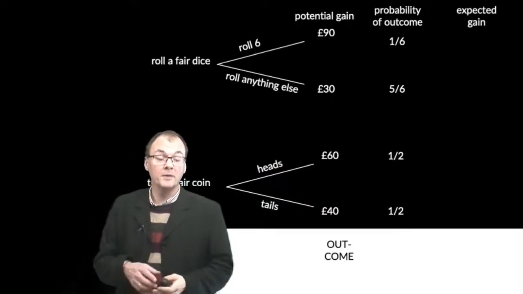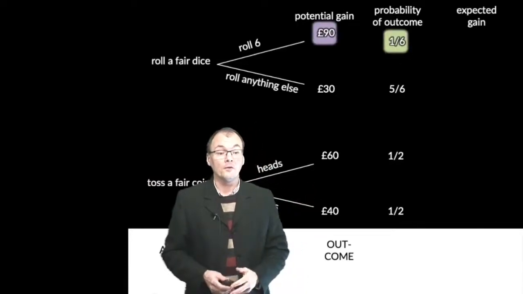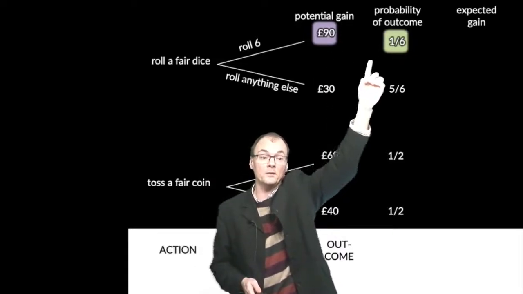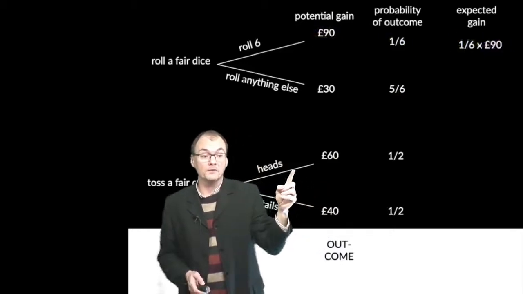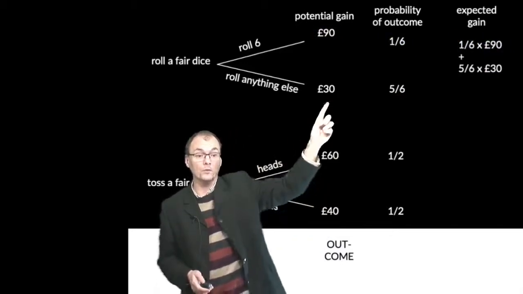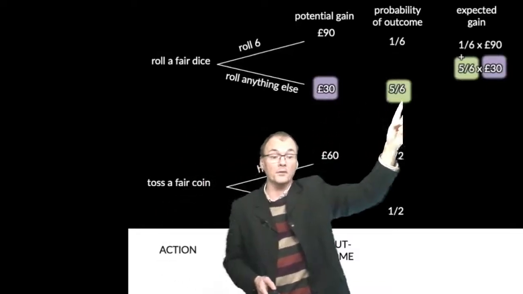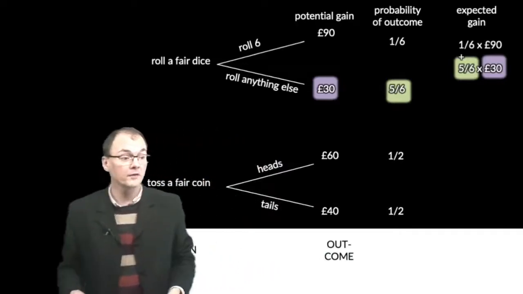Now what we're going to do is think about the expected gain of the different actions. So in the case of the first action, rolling a dice, we're going to multiply the potential gain 90 by the probability of that outcome, and then we're going to multiply the potential gain of the second outcome by its probability. And that altogether is going to give us, I think if I got this right, £40.